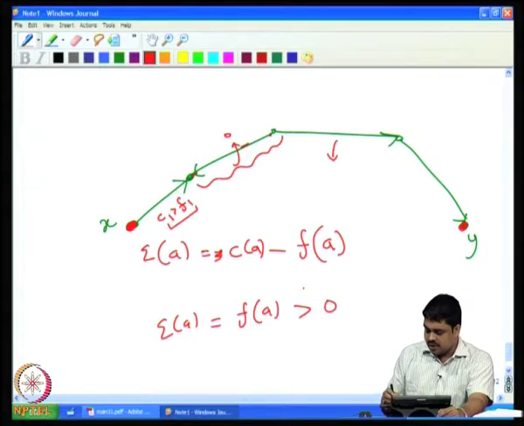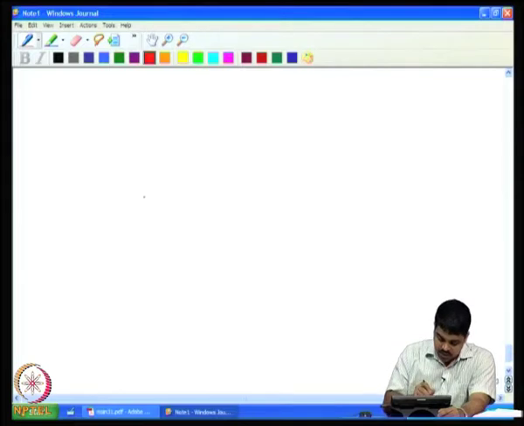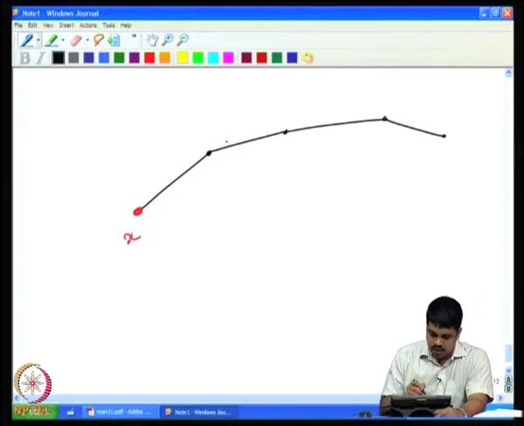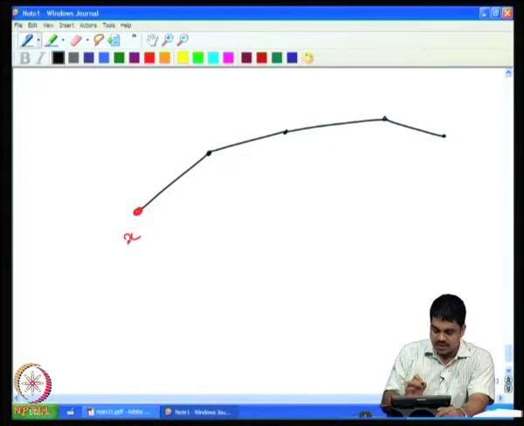Now we will generally define a path starting from the source x. A path is an unsaturated path if it consists of edges which are not yet saturated, in the sense that if it is a forward edge, it has not achieved the capacity fully, and if it is a backward edge, the flow value is a little more than 0.